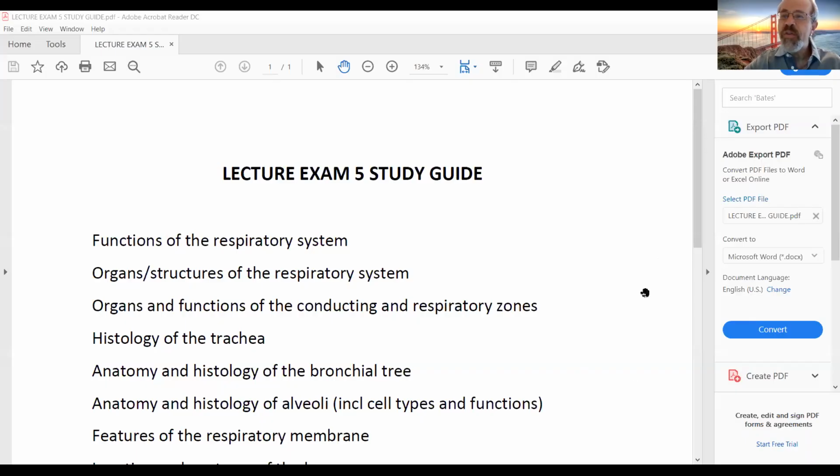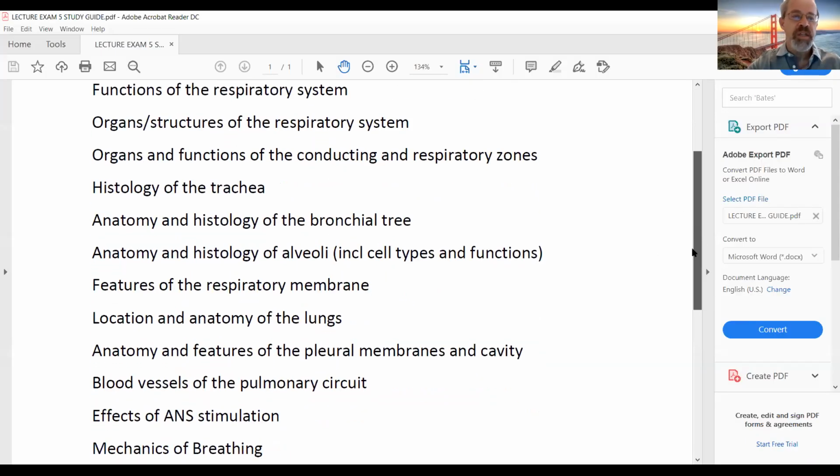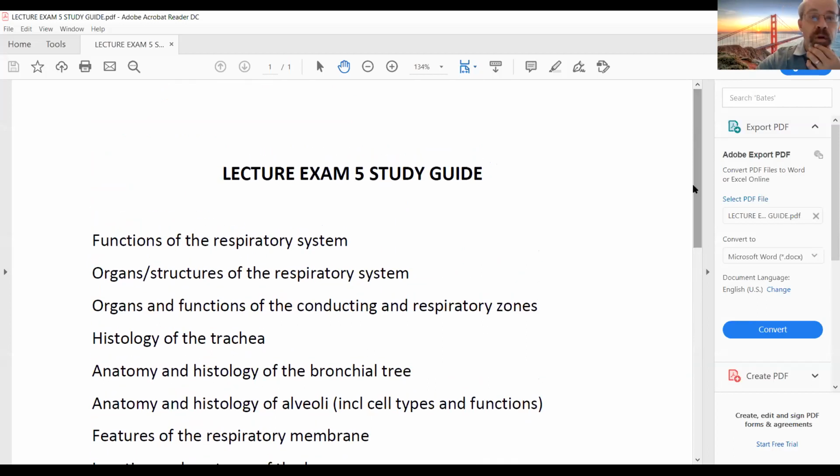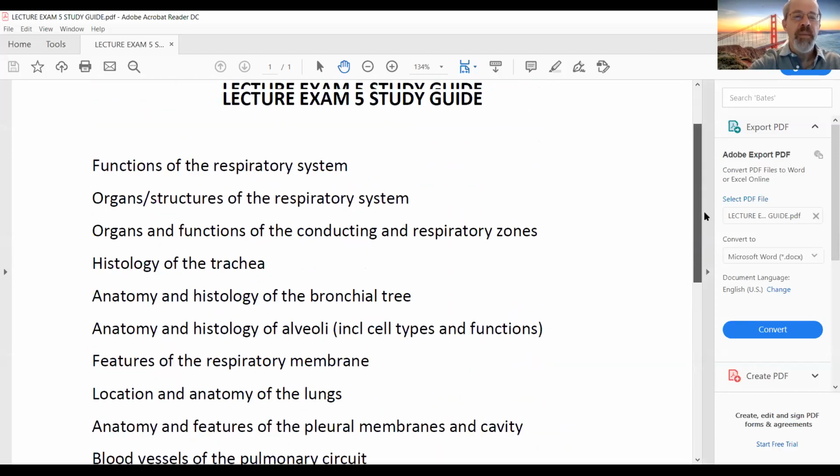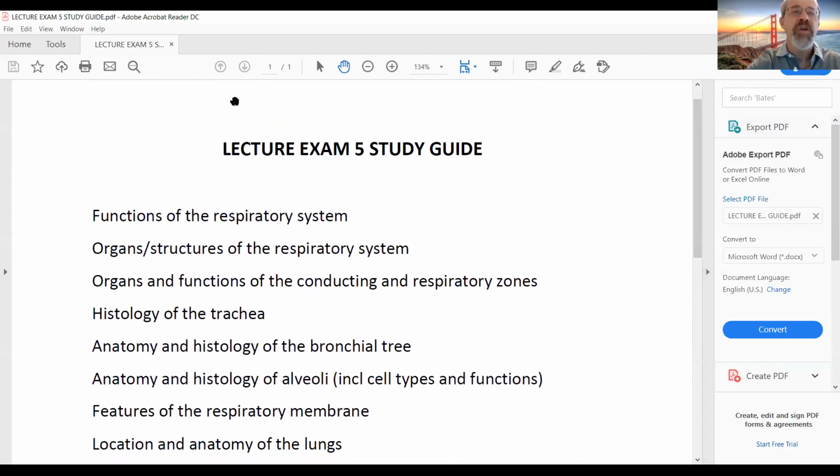Obviously it's a very brief review because it's just the respiratory system, but I like the fact that we're keeping things brief and more focused, because I think it allows you to absorb the material even better. That's my hope. All right. So the exam, of course, as you know, is on the respiratory system. And let's take a look here.